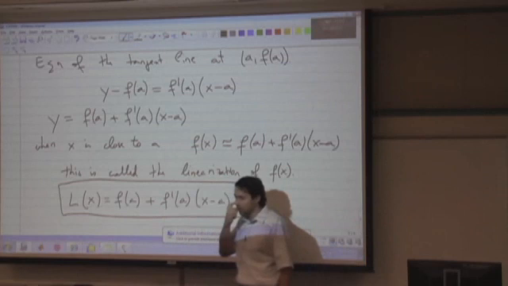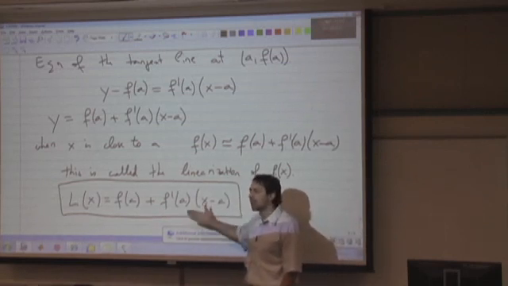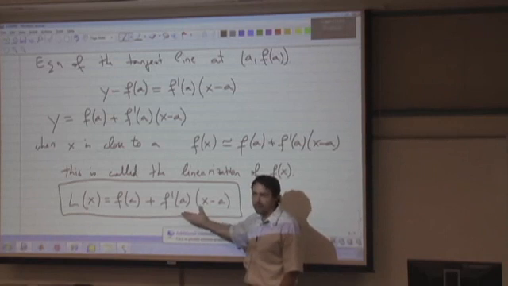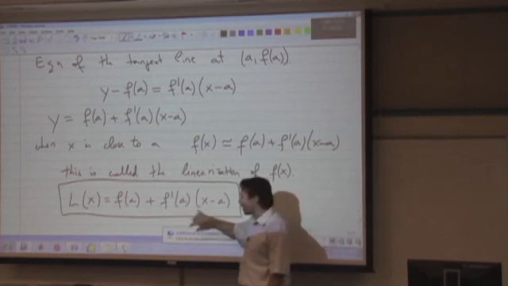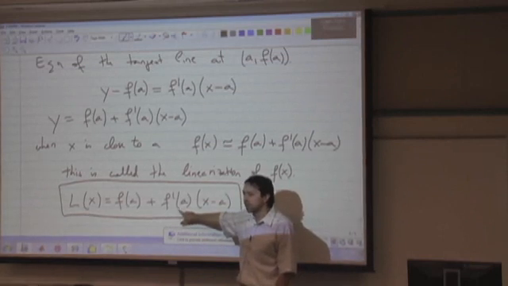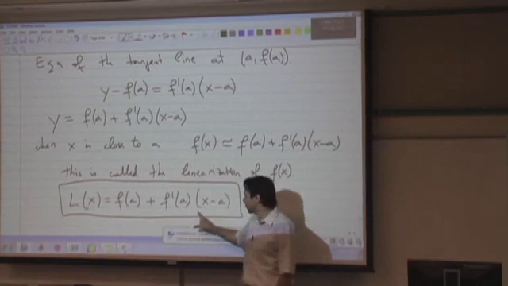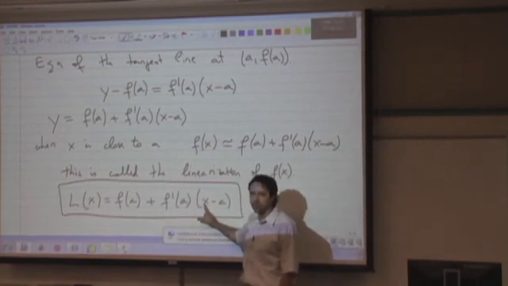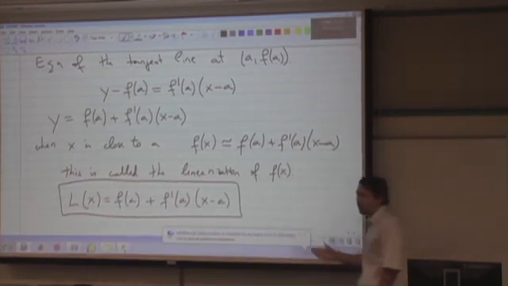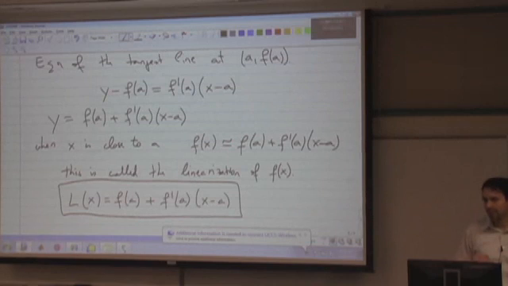Why is it called linearization? Well, because again, remember what the tangent line is. It's a line, right? The only variable here is x, because f prime of A is just going to be a number. This is a number, this is a number, that's a number, so you only end up with a linear function. So even though your function could be very ugly, your linearization is just going to be a linear function. Is that making sense?